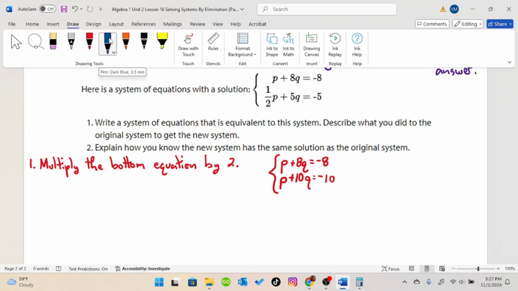Number 2, explain how you know the new system has the same solution as the original system. The top equation stayed the same.